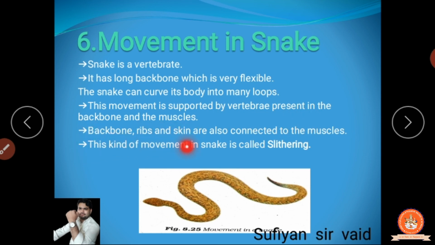Backbone, ribs and skin are also connected to the muscles. This kind of movement in a snake is called slithering. Clear? This is slithering. They are making different curves. At the same time, they are making many curves. You can see it over here.